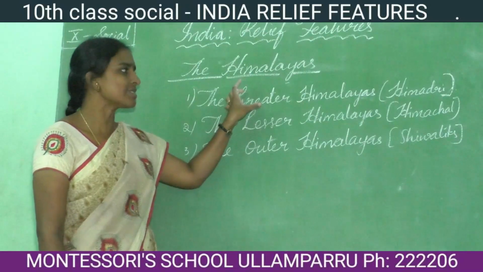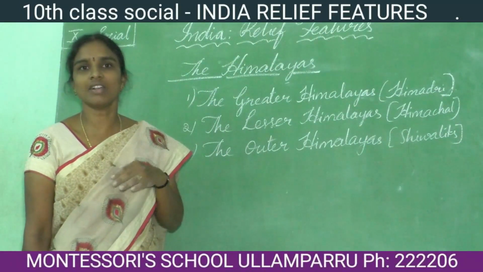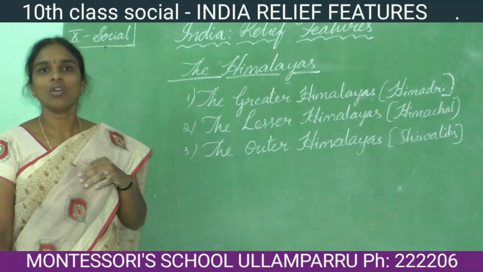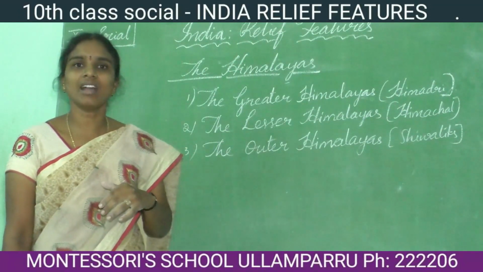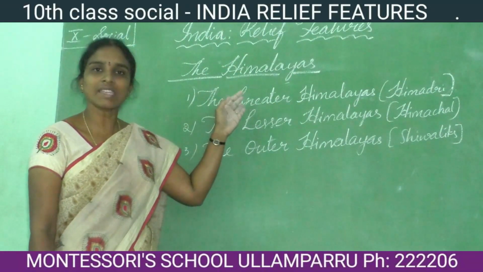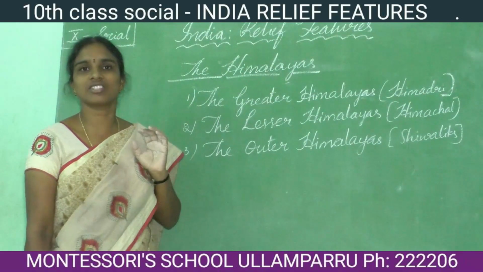And from these ranges flow the perennial rivers. Here the accumulation of the snow and the movement of the glaciers make the rivers flow from the highest range, the Himadri range.